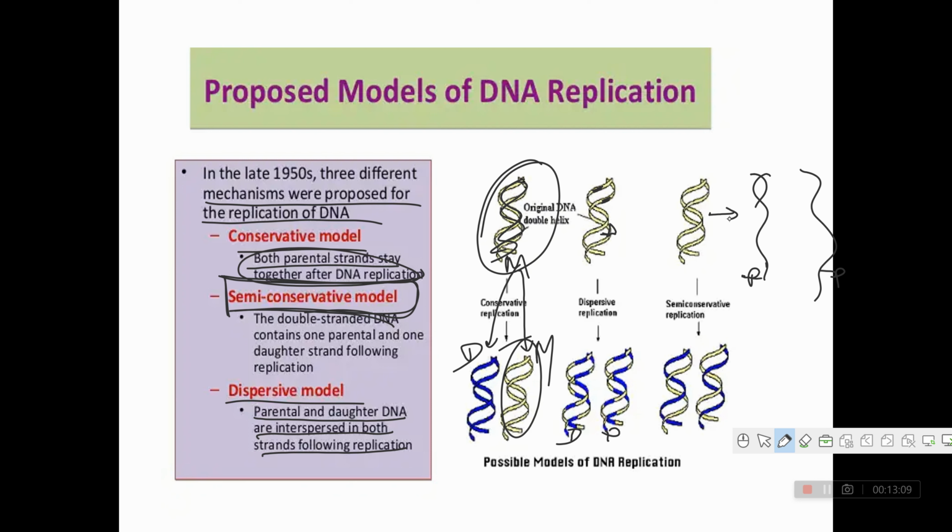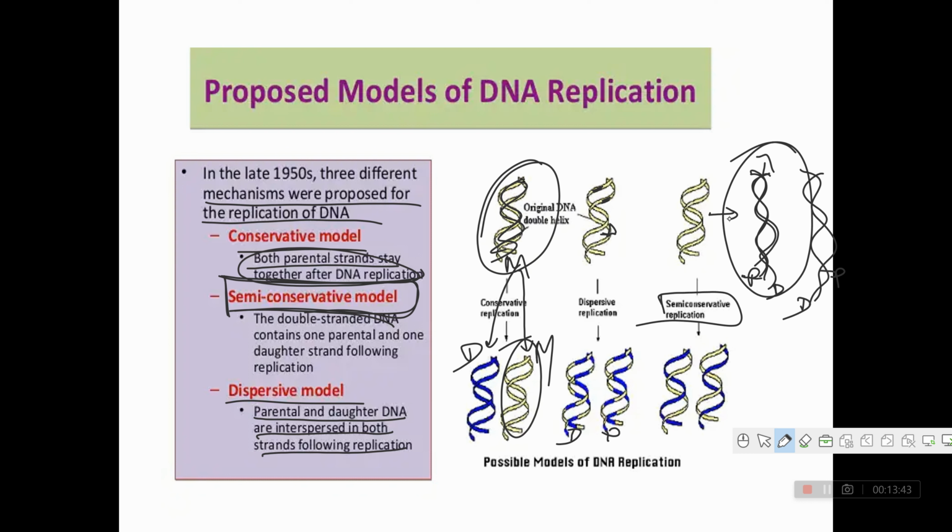After replication, this is a daughter DNA. So, in semi-conservative, one strand is parental type and one strand is newly synthesized, that is daughter. So this is known as semi-conservative. They are not totally conservative.